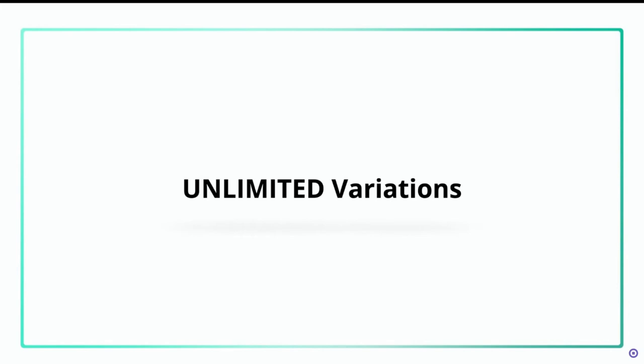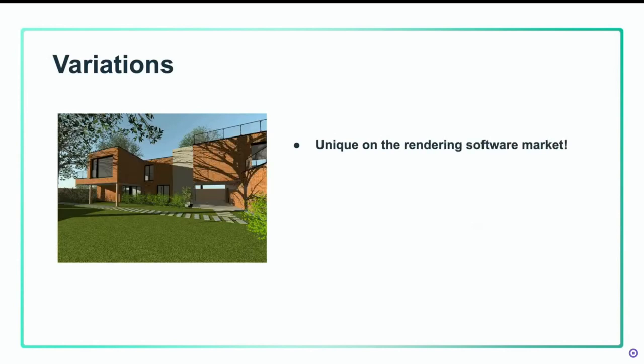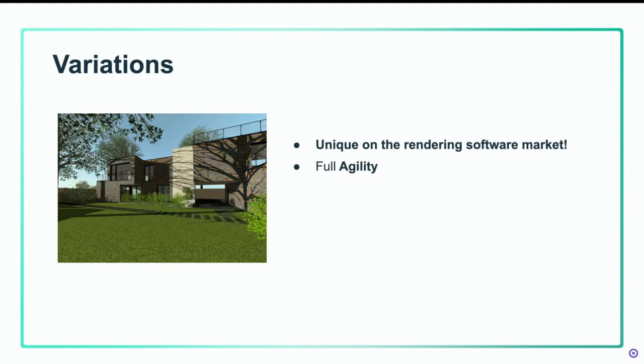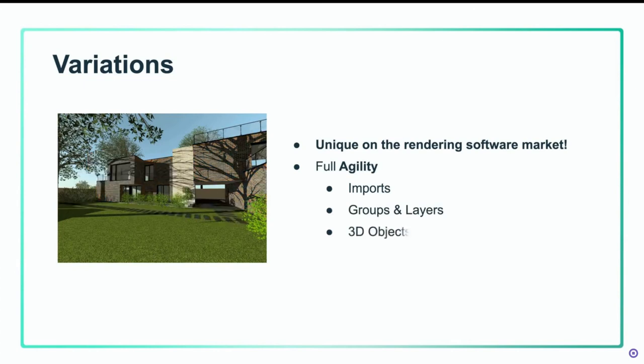We are the only renderer on the market to propose this tool, and we are very happy to provide it to you. So how does it work? It's very easy. You import all your different files in your Artlantis scene. It's totally agile. It means that we can use the different imports, we can use groups and layers, and we can use 3D objects.